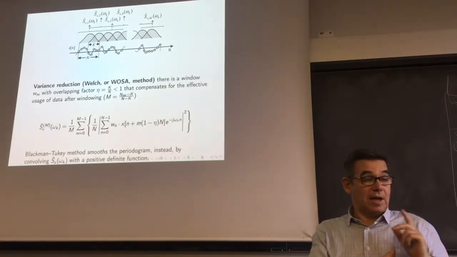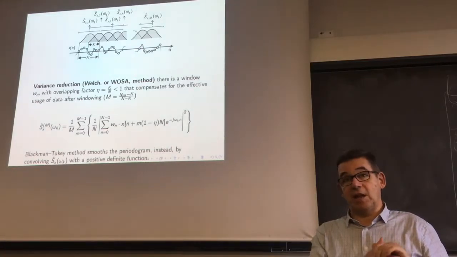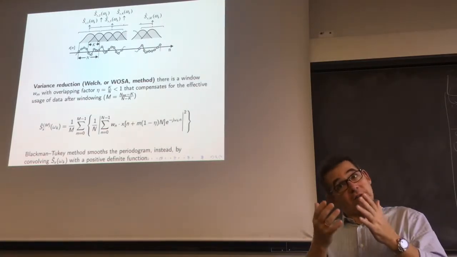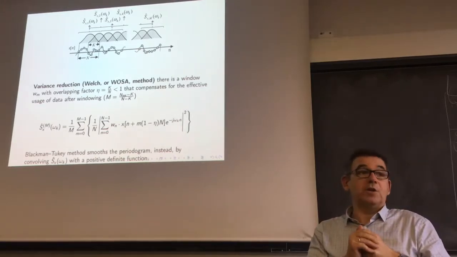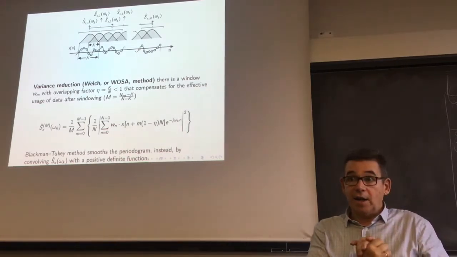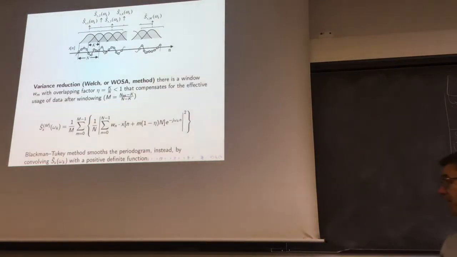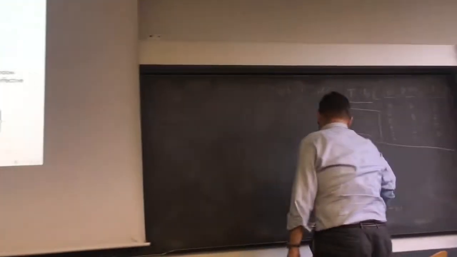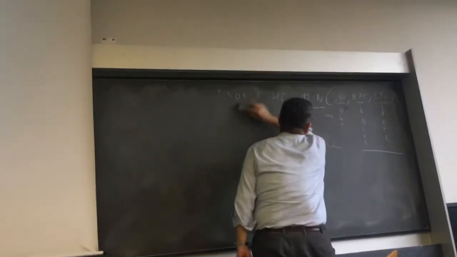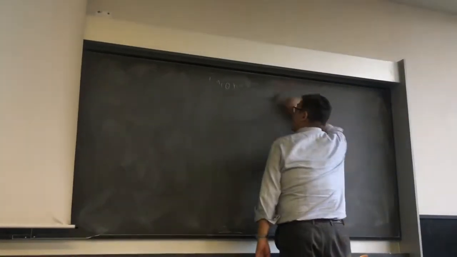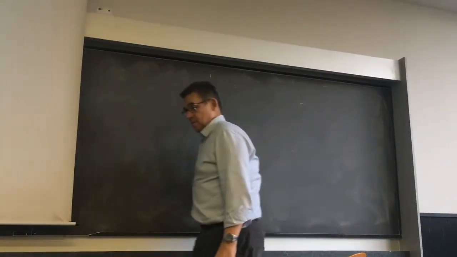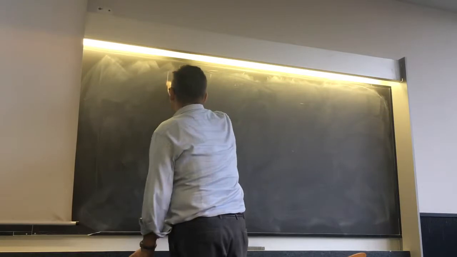A rectangular window has a side lobe that decreases as a sinc, and since we are considering the autocorrelation, it decreases as a sinc squared.